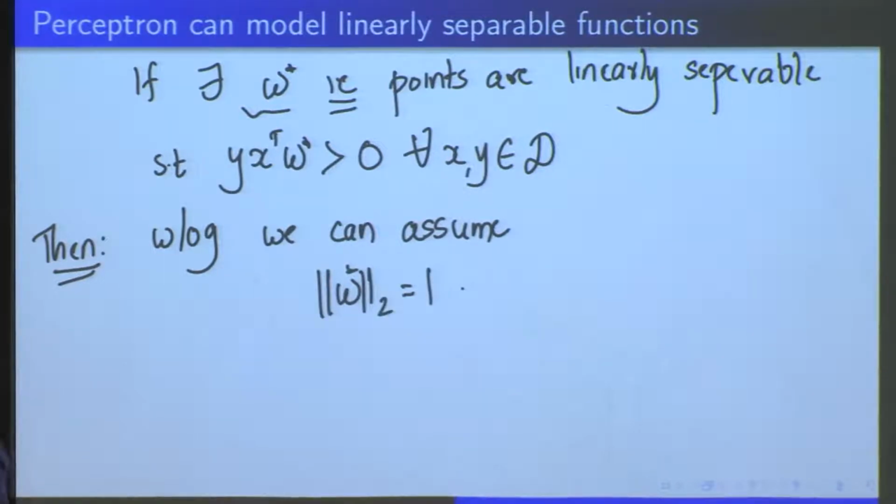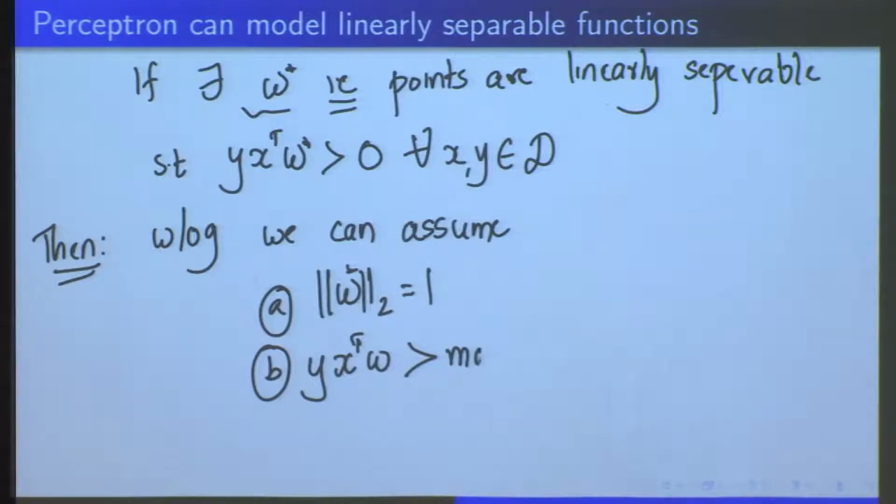That's the first point, and that y x transpose w is greater than some margin. That's basically the summary of what we have written on the board, and now we are going to build on it.